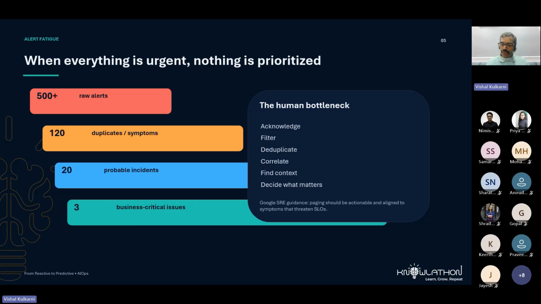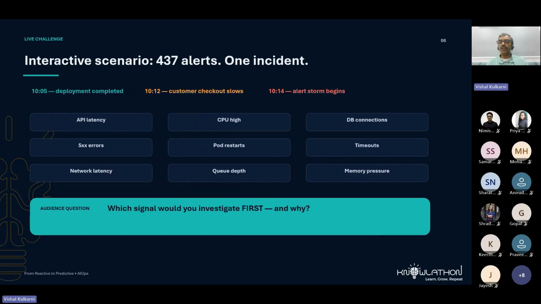But in a regular scenario, sarcastically, I can make that statement that I've seen the brighter side of IT service management. The moment an incident is reported by the customers, typically what we have seen is, at 10:05 we have deployments completed.